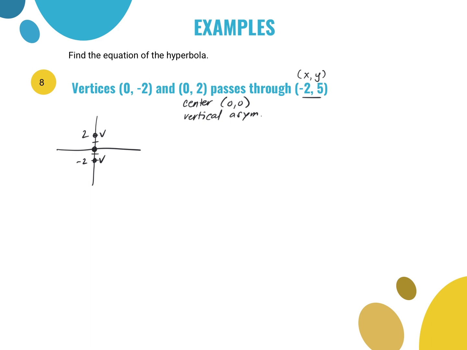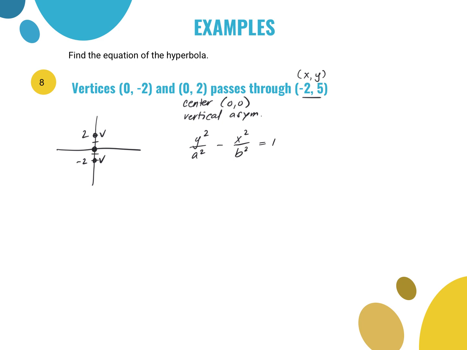So again, let's think about what that would mean, right? I know that the equation is going to be x squared, or no, it's going to be a y squared because it's vertical. So it's going to be y squared over a squared minus x squared over b squared equals 1.